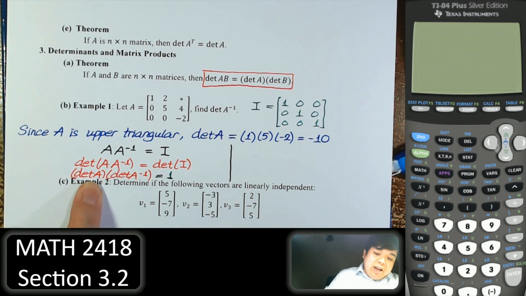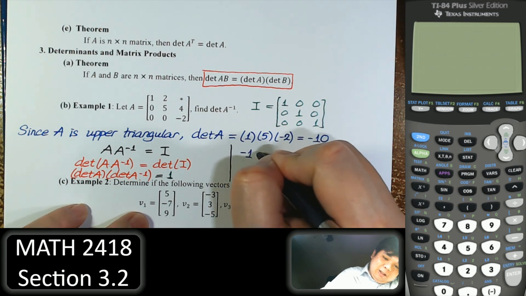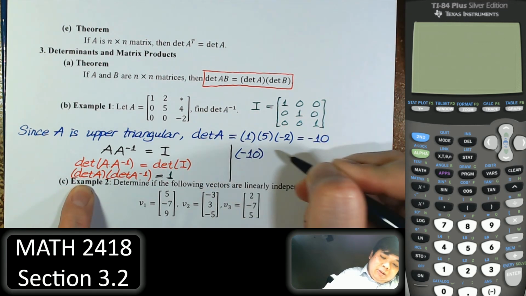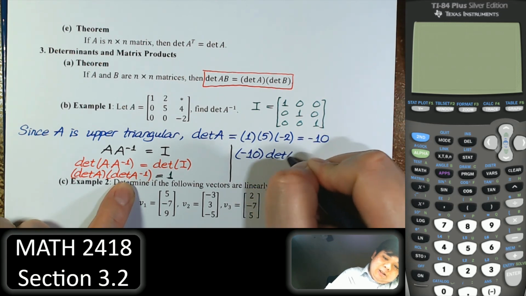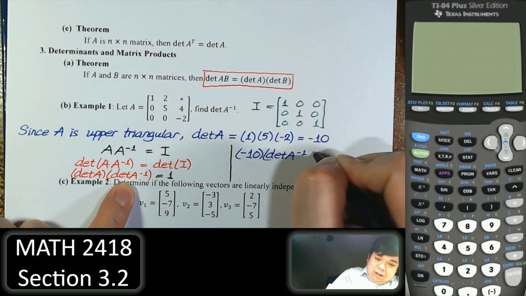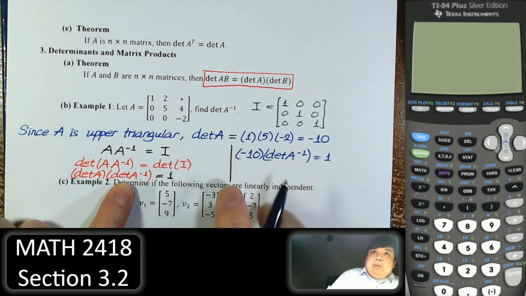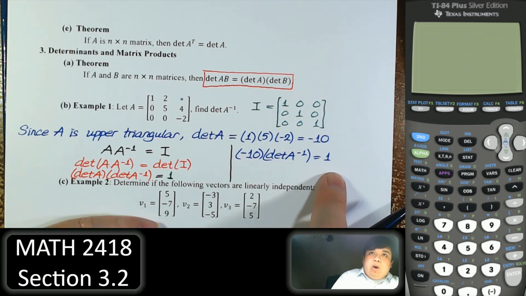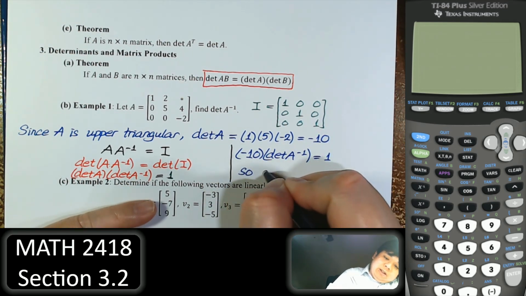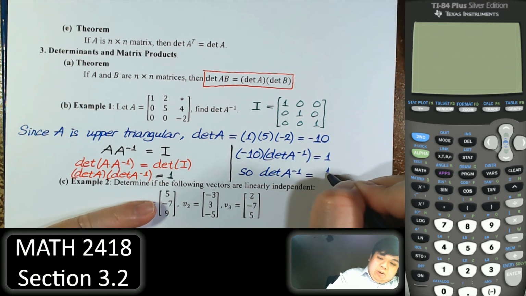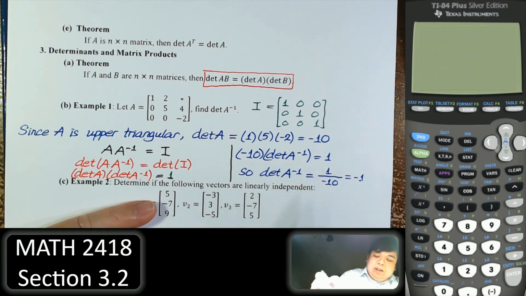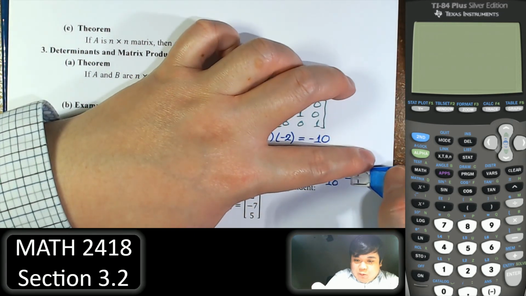We have determinant of A, which is -10, and determinant of A inverse. I mean, -10 times determinant of A inverse is 1. So determinant of A inverse equals 1 over -10, which is -1 over 10.